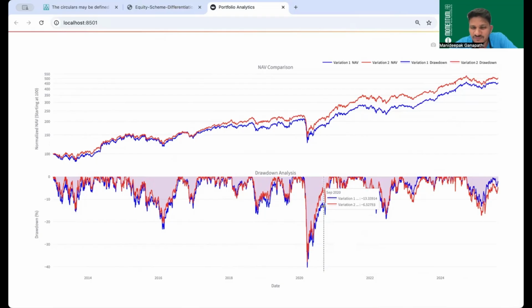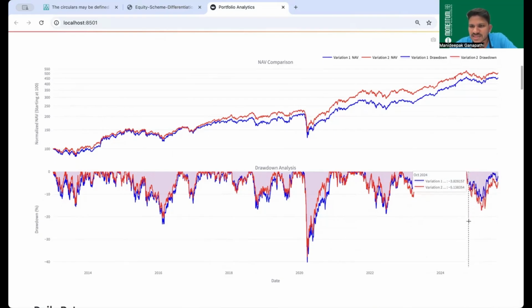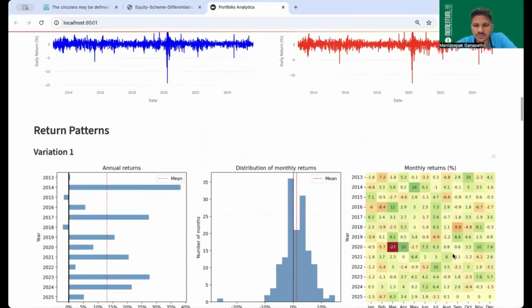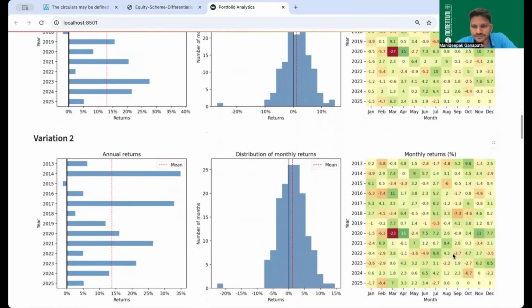There were times after the COVID where it was lagging behind the benchmark. I think only recently we are seeing this fund doing better than the benchmark. So this is the time period when it started doing well. Only recently we're seeing blue having a lower drawdown compared to red, which is the benchmark.